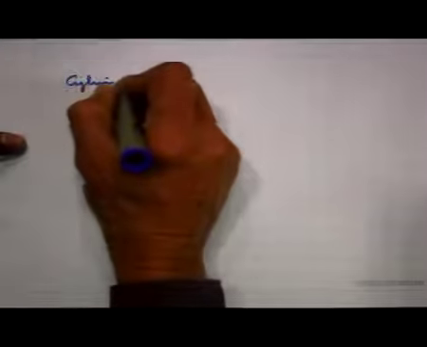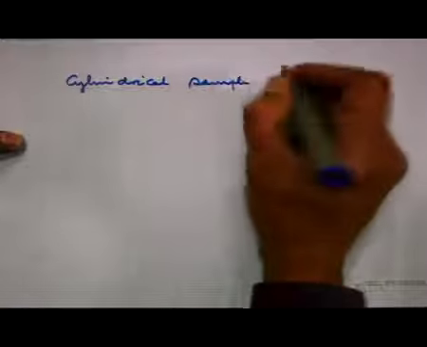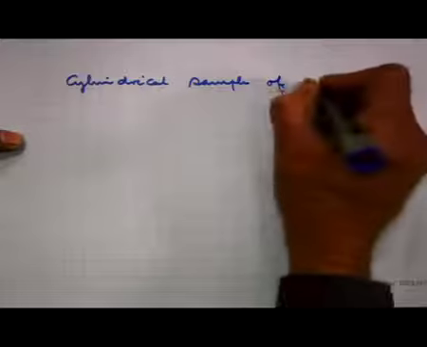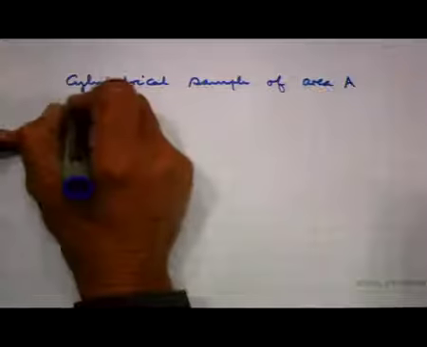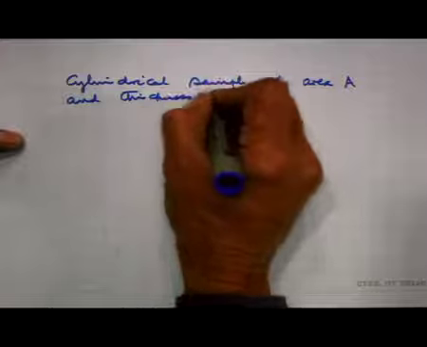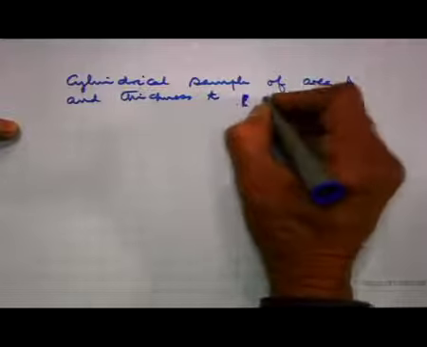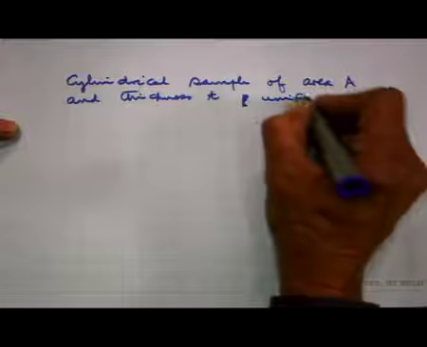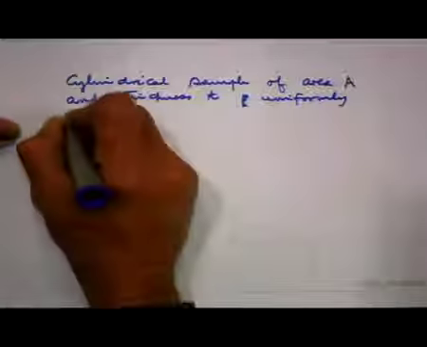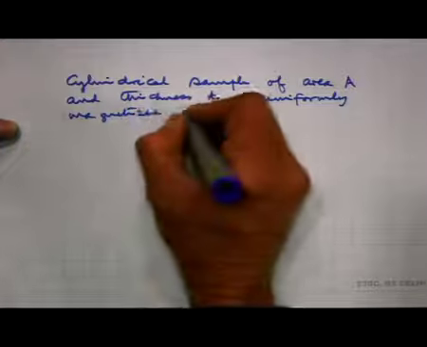So, to do this we will take a cylindrical sample of area A and thickness T, magnetized, uniformly magnetized along its axis.